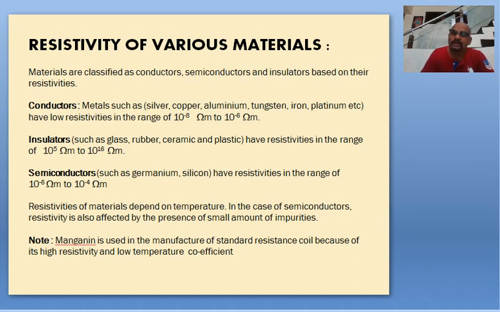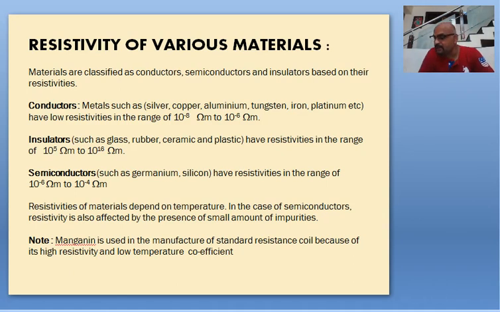You know that materials usually are classified as metals, semiconductors and insulators. So conductors, insulators and semiconductors. Generally metals, that means conductors like silver, copper, aluminum, tungsten, all these have very low resistivities.